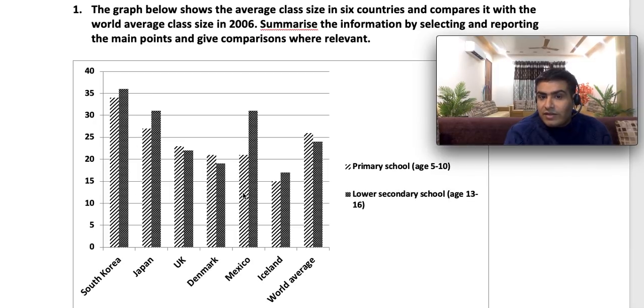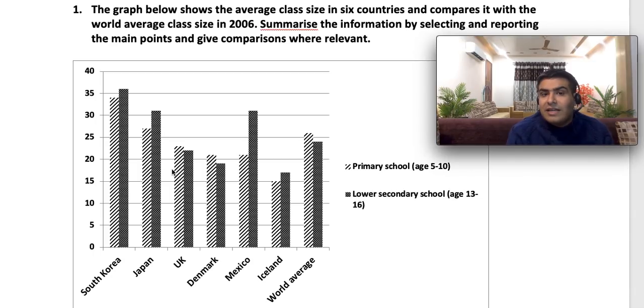All of these countries have a lower class size in primary schools than lower secondary schools. Whereas in UK and Denmark, the opposite is true. The class size of primary school is greater than the lower secondary school. And the same thing is true for the world average too. So now I'll make my body paragraphs like that.